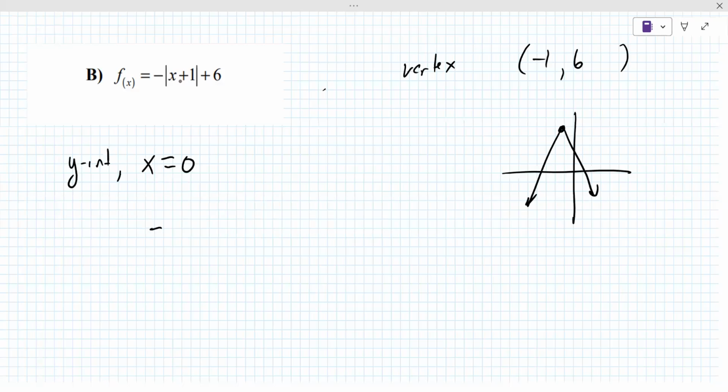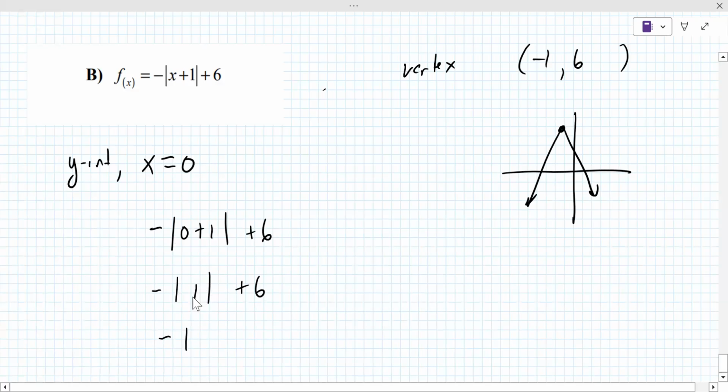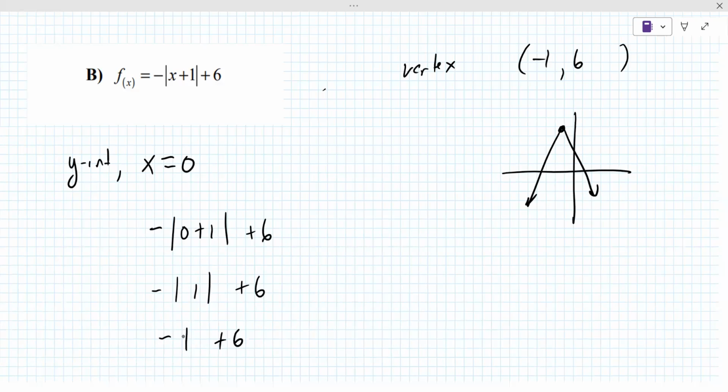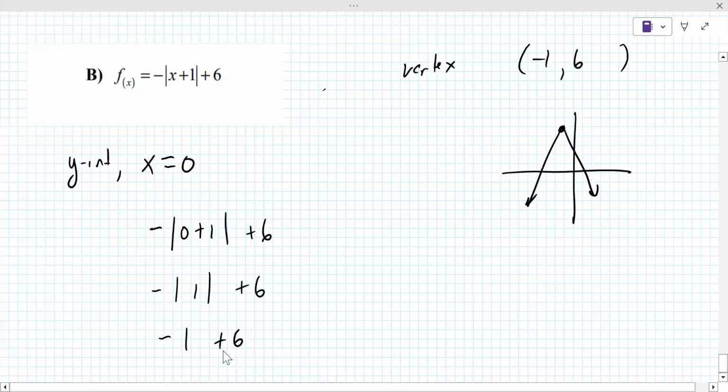Closer. So it's negative absolute value of 0 plus 1, plus 6, absolute value of 1. Okay, so the 1 becomes positive 1. The absolute value always returns positive, but then you apply the negative. You're only applying it to the absolute value though. So this plus 6 just comes down.